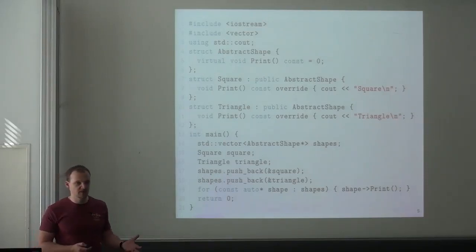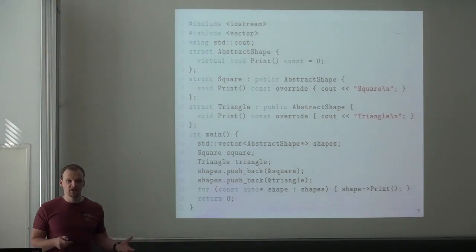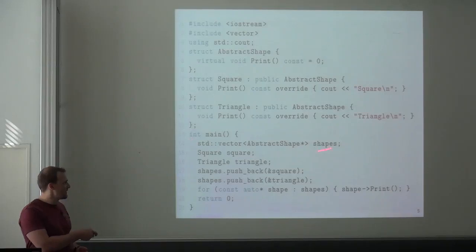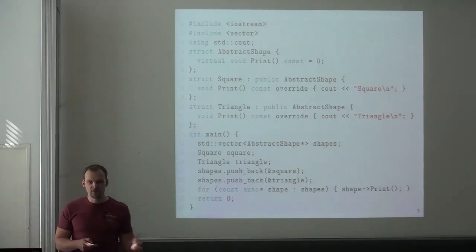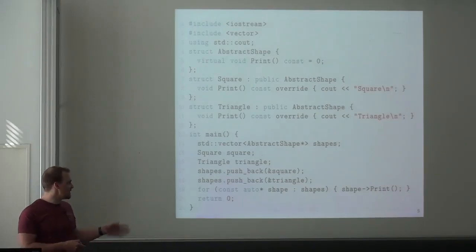The cool part comes when we can store them in a vector without knowing what we store in the vector. So you can have a vector of pointers to an abstract shape. You don't care if it's a triangle or a square, this is just a vector of abstract shapes. And then you create a square and a triangle, and you can put both of them into this vector.